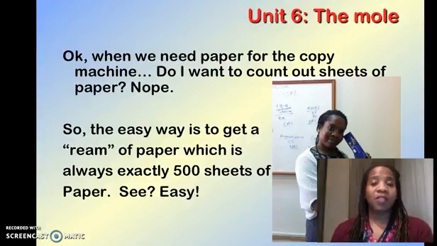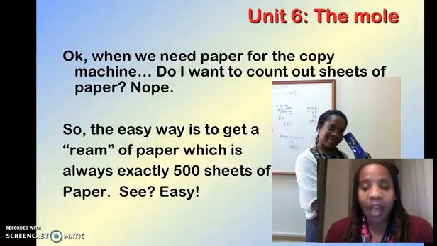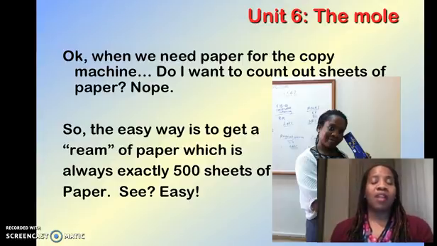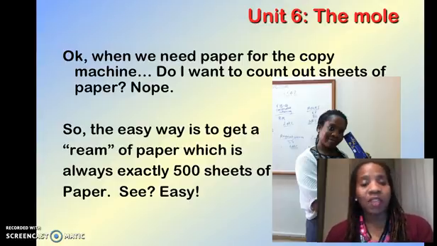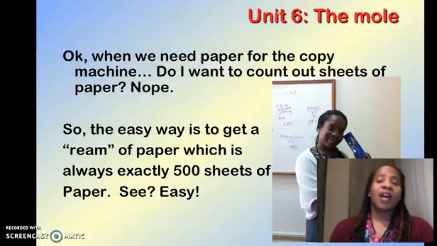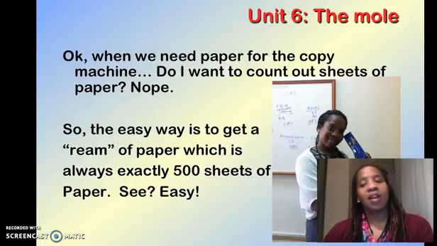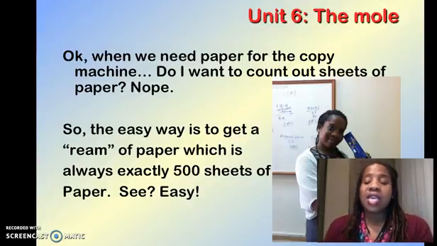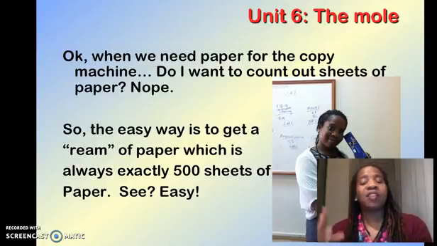So exactly 500 sheets of paper in a ream. That way I don't have to count out how much paper I have. I know once I have one ream, I have 500 sheets. If I have two reams, then I would have 2 times 500, which is 1,000. If I had 3 reams, anyway, you get the point. It's really easy to keep track of the amount of something because I've packaged it in this quantity.